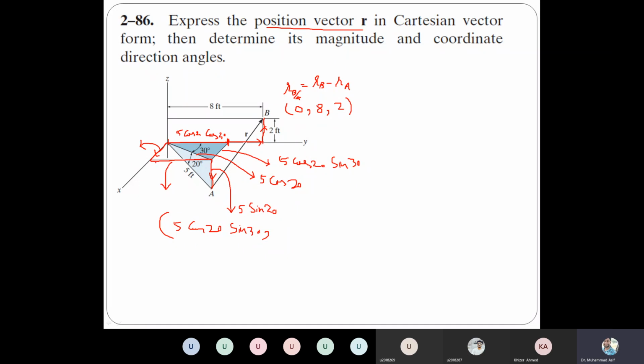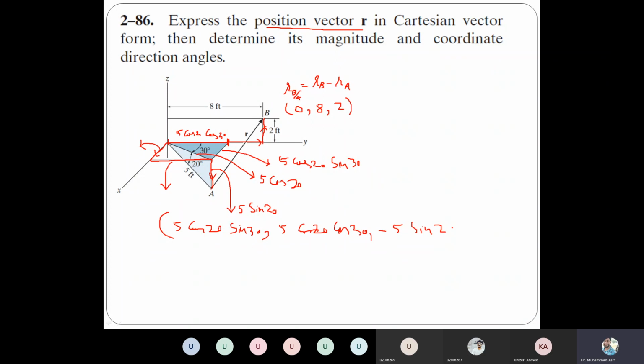That is equal to 5 cos 20 cos 30. Similarly, what is the value in the negative z direction? This will be negative. This front angle is 5, so 5 sine 20, sorry.